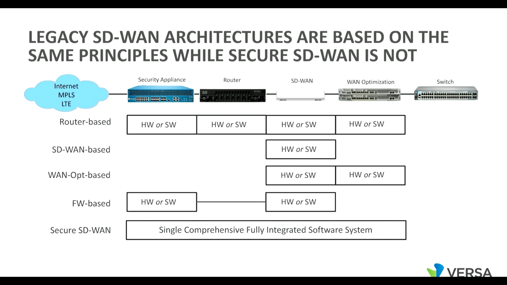Okay, so a secure SD-WAN architecture is an architecture that from the very beginning was designed and built with all these capabilities. What you're describing is best of breed security, advanced scalable routing, a full-featured SD-WAN, WAN optimization.